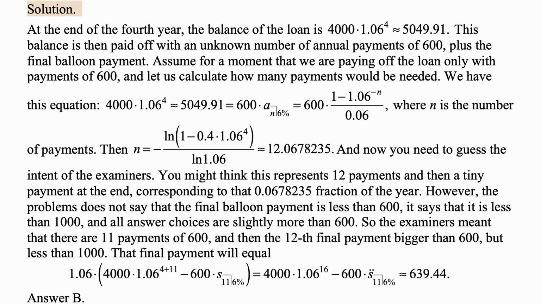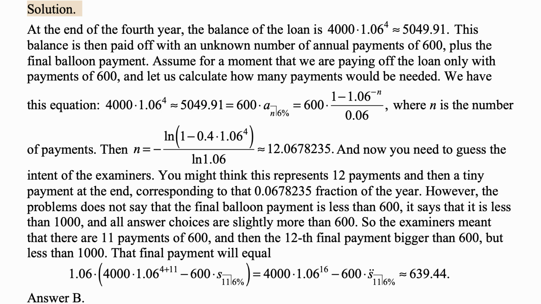The last payment is more than 600. So it's 11 payments and a big bit. Not as big as 1,000, but a big bit. So what the examiners meant is that there are 11 payments of 600, and then the 12th final payment, which is bigger than 600, but less than 1,000.